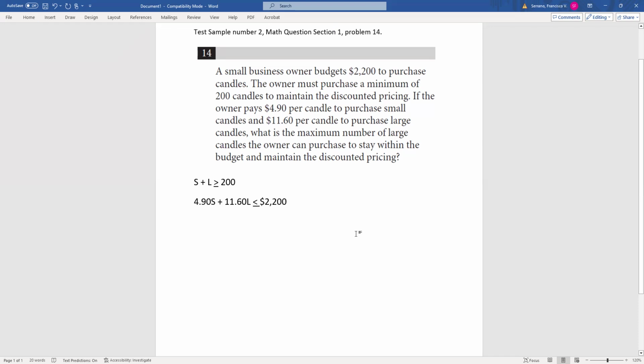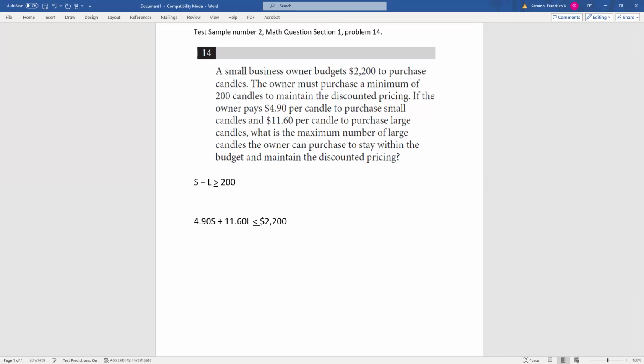We kind of need to convert the top S plus L into 4.90 S plus 11.60 L. We have to make it equal. So let's start doing that. We know it's greater than or equal to or less than or equal to.